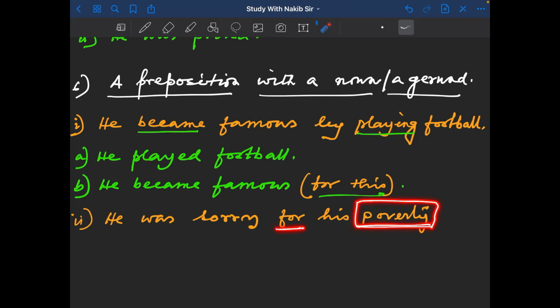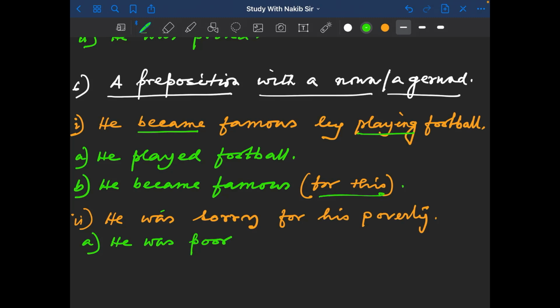Its adjective form is what? Its adjective form is poor. So cut the sentence here. So for his poverty, we will turn poverty into an adjective. And the subject is he. So the answer will be, he was, subject he, and this is the verb, past tense. So he was the adjective of poverty. He was poor.